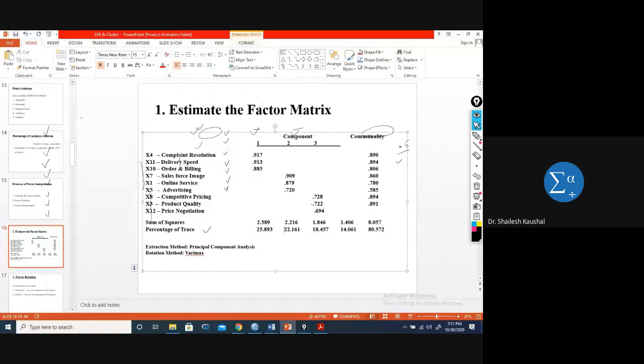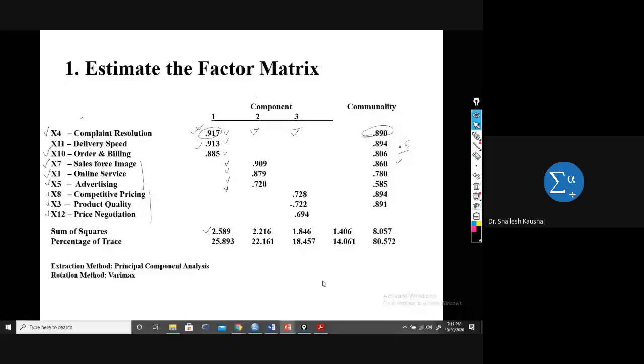Just divide by the number of questions. Like you can see, 2.589 divided by the number of questions gives the percentage of trace. For example, if our factor analysis has 20 questions and the sum of squares is 2.589, then we divide 2.589 by 20 and multiply by 100 to get the percentage of trace.